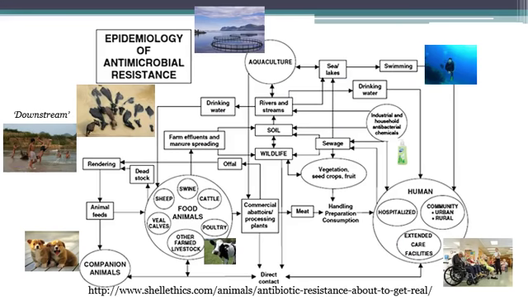Another way of looking at it is how the epidemiology of some of these compounds gets incorporated into the food chain. You can see there's lots of things to think about. There's aquaculture, how these drugs can get released into the water system. You can see how they can get incorporated based on extracurricular activities that include swimming and beach going. Companion animals are reservoirs of antimicrobial resistance, as are food animals.